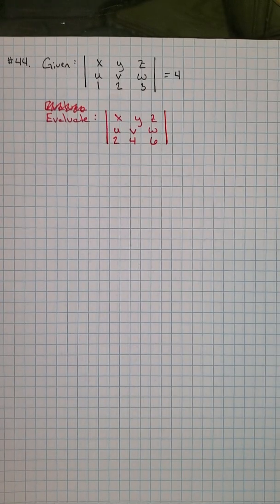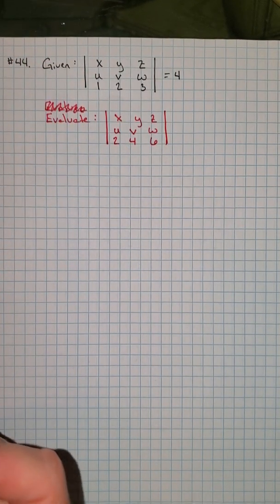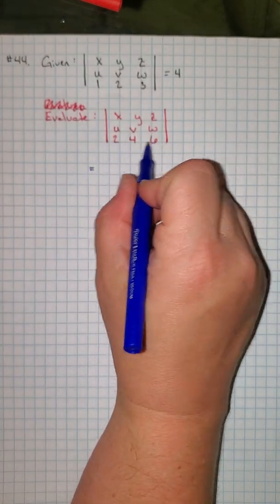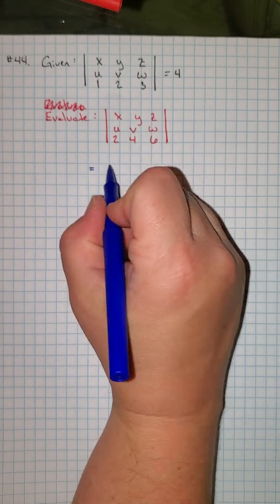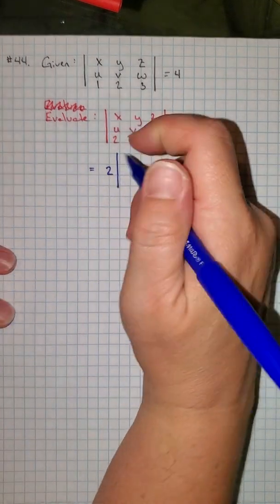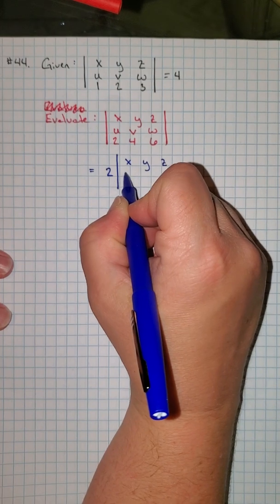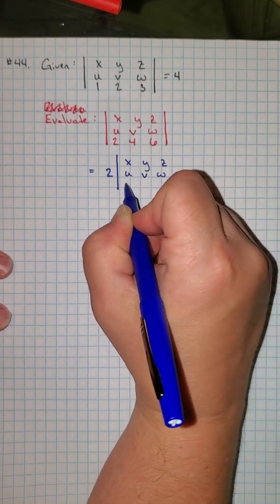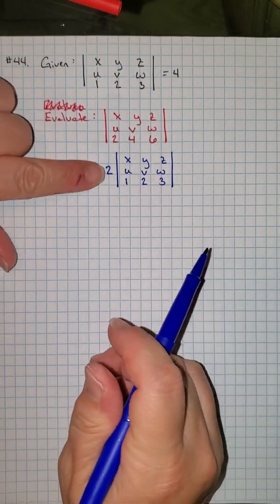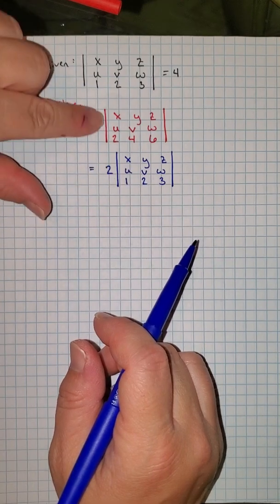So if you compare the two, the last row is the only one that is multiplied by 2. Remember, the straight lines do mean that it's a determinant. So having just one row multiplied by 2 is 2 times the entire determinant.